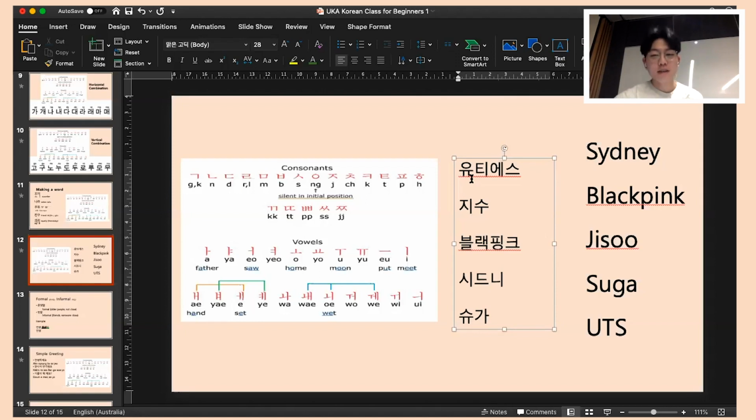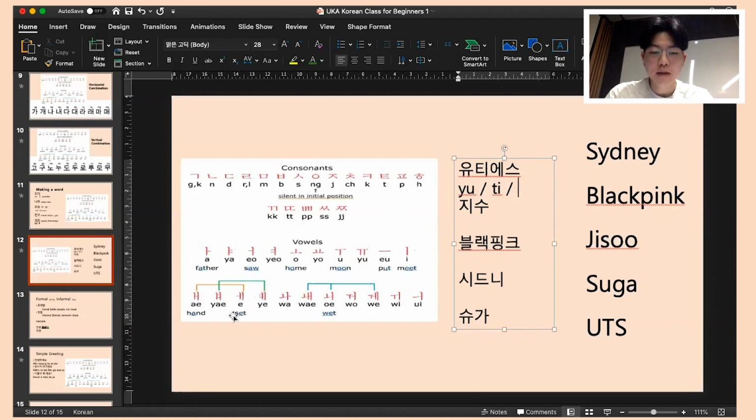Okay. So you have the silent sound again with the bottom vowel U, YU sound. T sound with the I sound. So that's T-I-U-T. And then again the silent. Where is it?